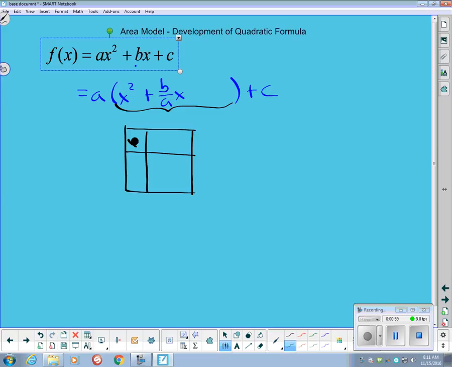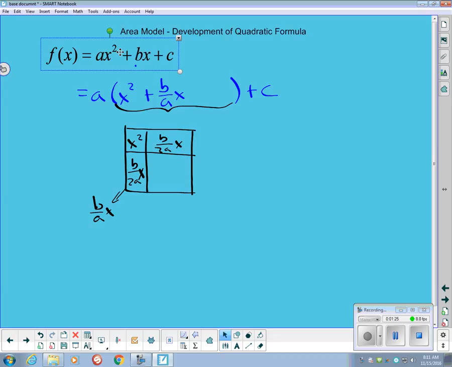My square is clearly going to have an x squared there. These two pieces on the diagonal have to add up to b over a x, but they need to be split equally between these two parts. So that would give me a b over 2a x, half of b over a x, and a b over 2a x here as well.